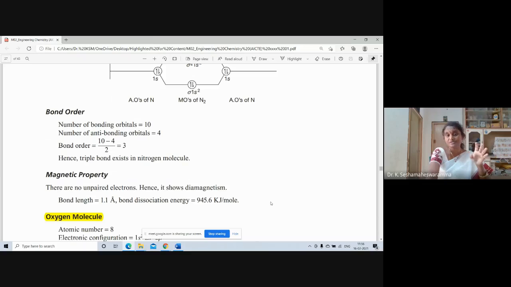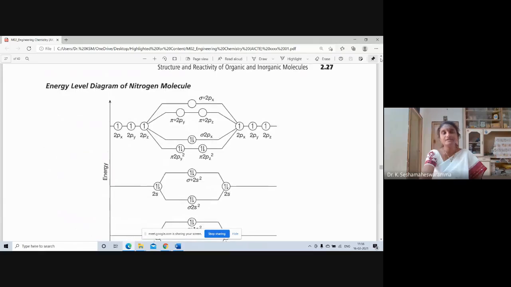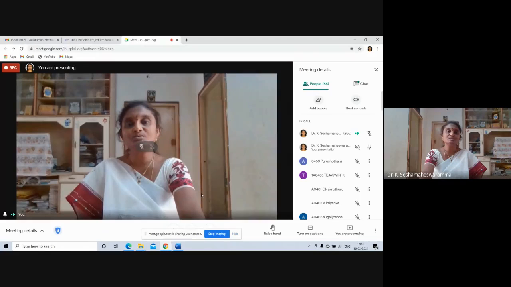Bond dissociation energy is 945.6 kilojoules per mole. Like this, we can explain the bond order and magnetic property of any homonuclear or heteronuclear diatomic molecule with the help of molecular orbital diagrams.